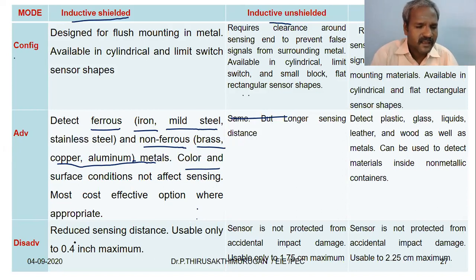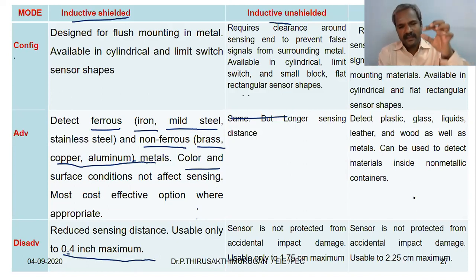Then the sensing distance is reduced, because as I told you earlier, the shielded type is almost 25 to 50% less sensitive than the unshielded type. The sensing distance is 0.4 inches maximum.